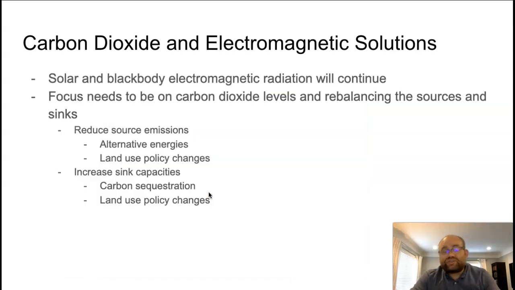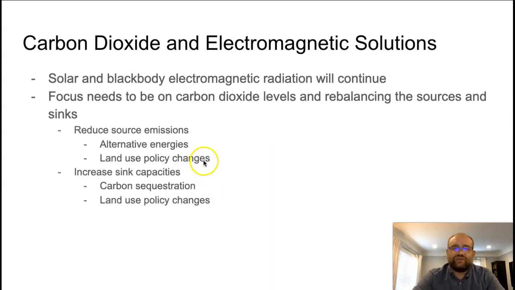So, some solutions to this. Solar and blackbody electromagnetic radiation is going to continue, so we need to look at our carbon dioxide sources and our sinks. We need to reduce some source emissions by looking at alternative energies. There are some countries, Iceland, Austria, Peru, that have had very successful transitions to alternative energies.